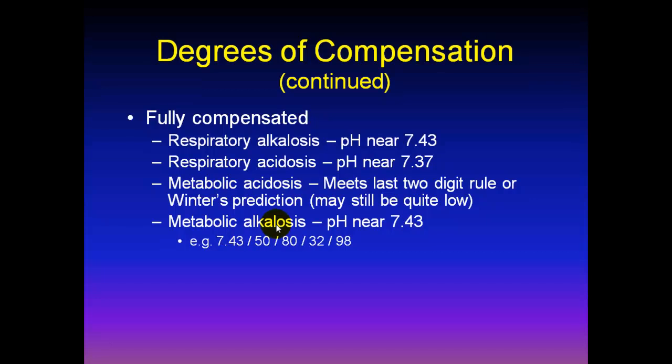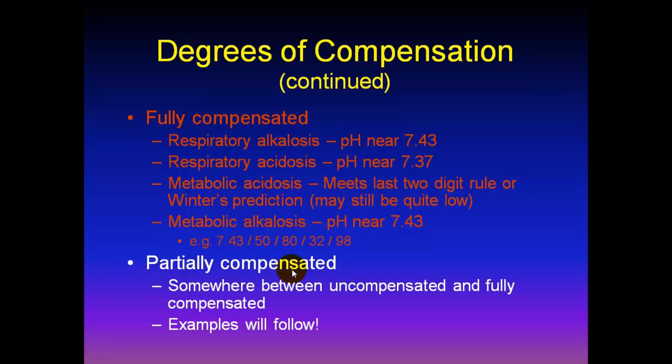And in metabolic alkalosis, it's fully compensated when the pH is near 7.43. Of all four of these, the only one that doesn't go back to a near normal pH is metabolic acidosis. When there's a severe metabolic acidosis, the pH can be quite low, even if there's full compensation.